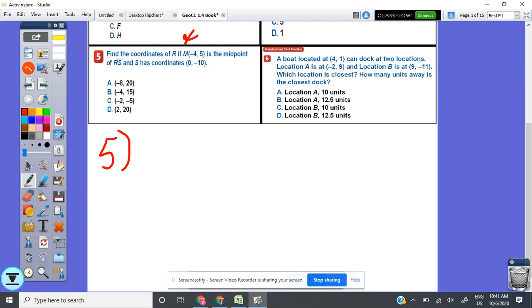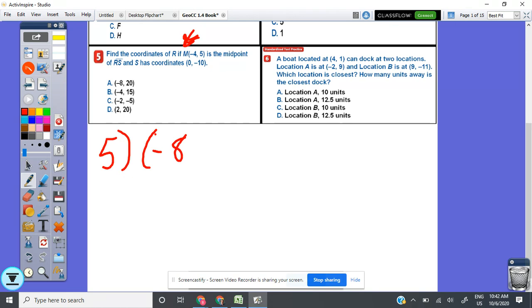Find the midpoint. It's the one with M. How far are the x's away from each other? So you go from 0 to -4. Do that again. So we go 4 more down, you get -8. Now, because it's multiple choice, I already know the answer is A, because that's the only -8 there is.